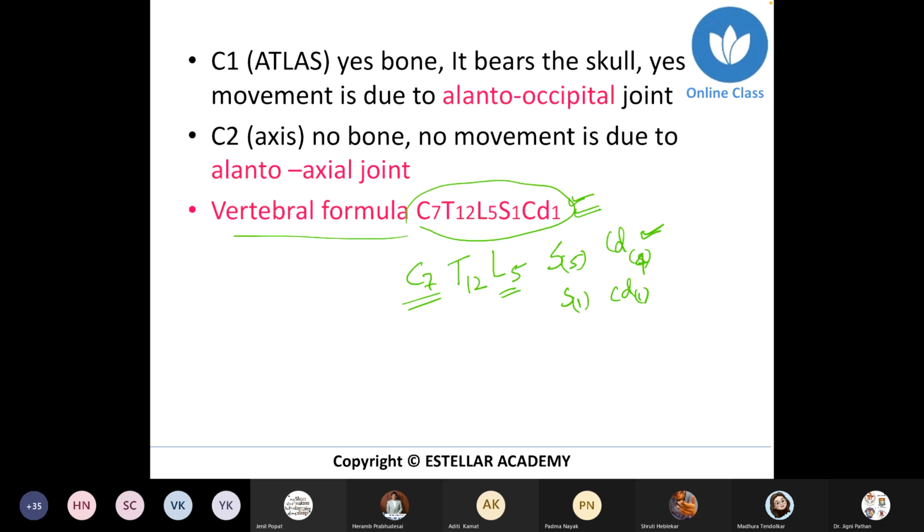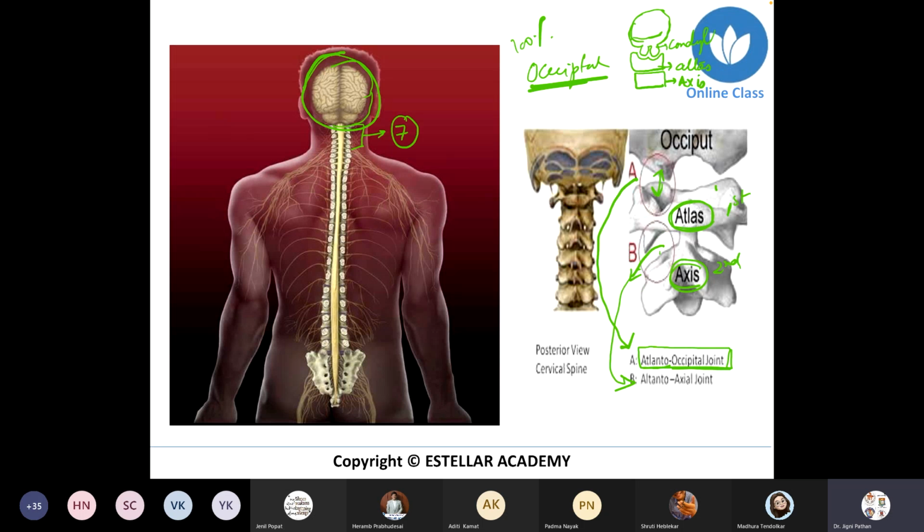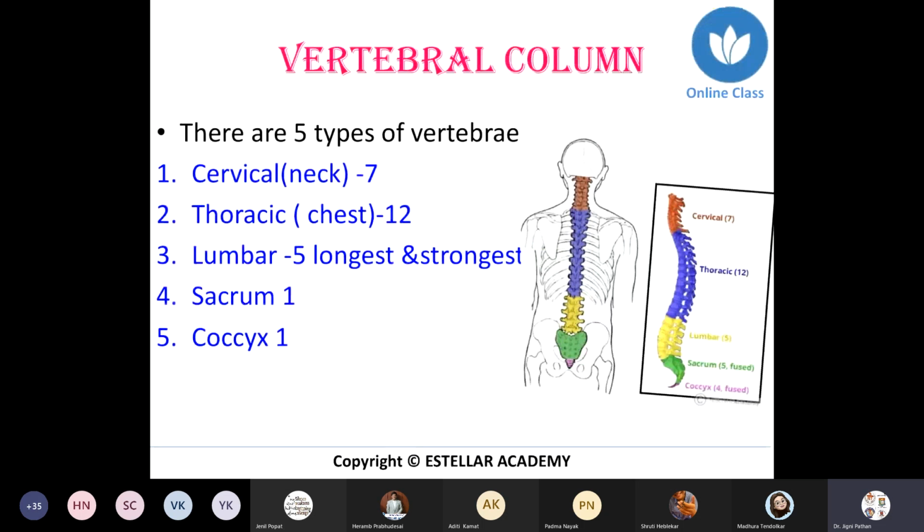Cervical is okay. We'll come back. I hope you have done with this. See here. Everybody look at this diagram of vertebral column. Cervical is 7, thoracic is 12, lumbar is 5. Sacrum, if you see here, it is 5.